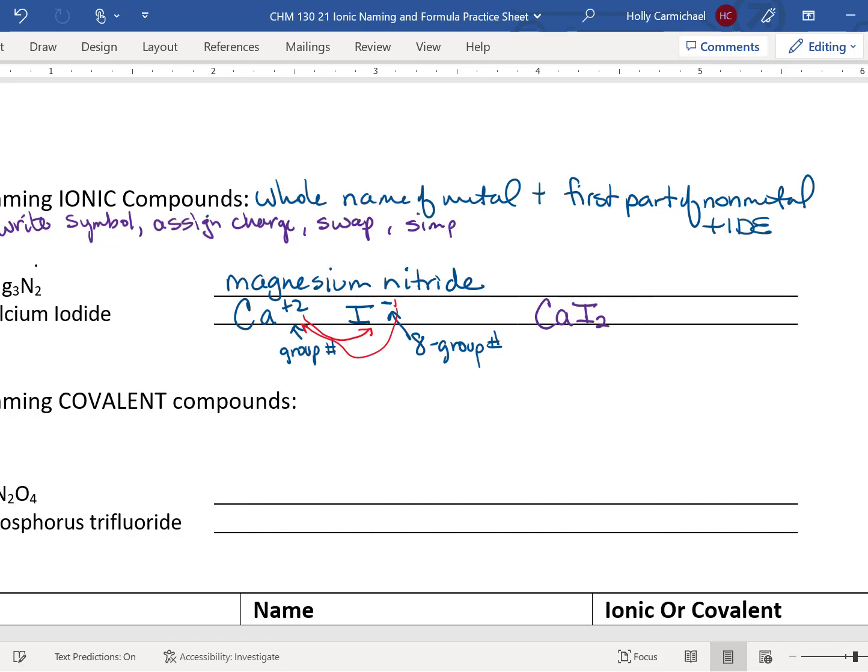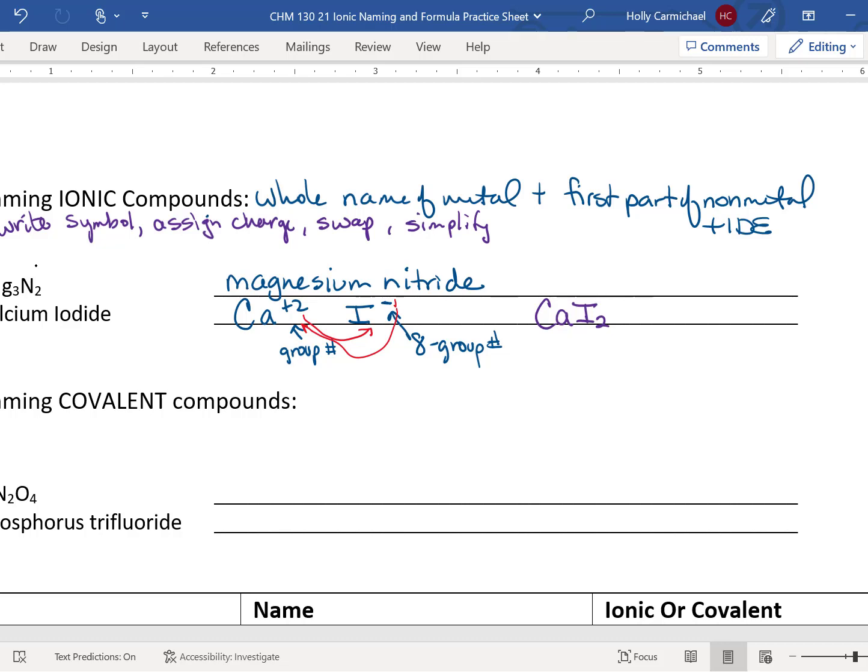If it came out as Ca2O2, with both even numbers, simplify it to CaO. It doesn't happen very much, but if you notice they're both 2s or both 3s, you can simplify that.